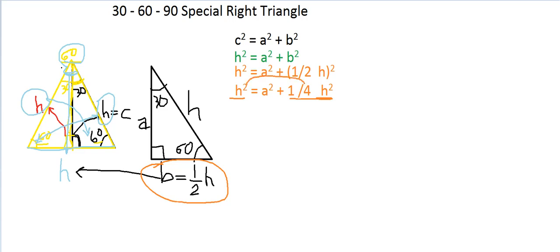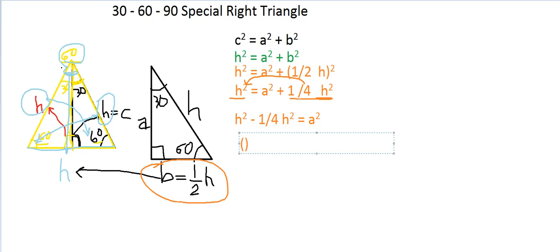Now since we have H squared and another H squared, 1/4 H squared, let's combine the like terms. Let's transfer 1/4 H squared here using the additive inverse. So then this is now H squared minus 1/4 H squared, which is equal to our A squared. So let's simplify then.